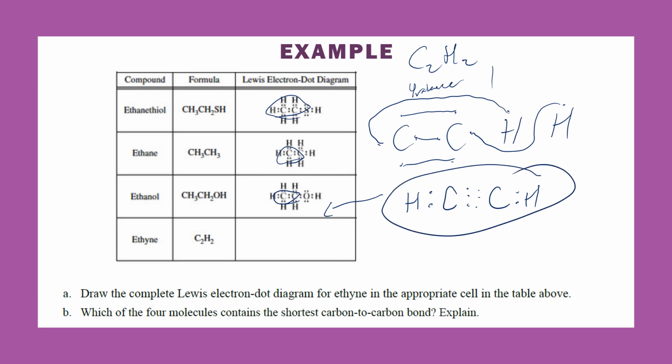So of the 4 molecules, ethine has the shortest carbon-to-carbon bond because ethine has a triple bond between the carbons, making it shorter and stronger than the single bonds present in the other 3. That one was 2 points, actually. 1 for picking the correct substance, and then the second point was for correctly explaining that because it's a triple bond, it's shorter. So that was A and B for that question.